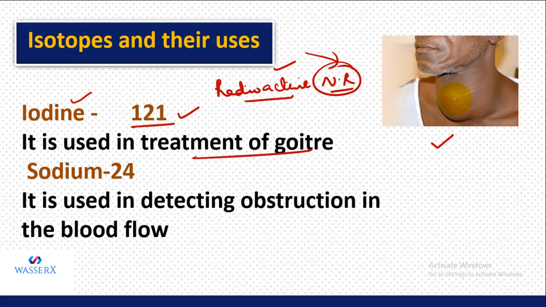As you all know, goiter is a disease which occurs due to deficiency of iodine, and it is a disease in which the thyroid gland gets swollen. So iodine-121 can be used in the treatment of goiter. Second is sodium-24. That is used in detecting obstruction in the blood flow. If there is any obstruction in the blood flow in your body, that can be detected easily by using the sodium-24 isotope.